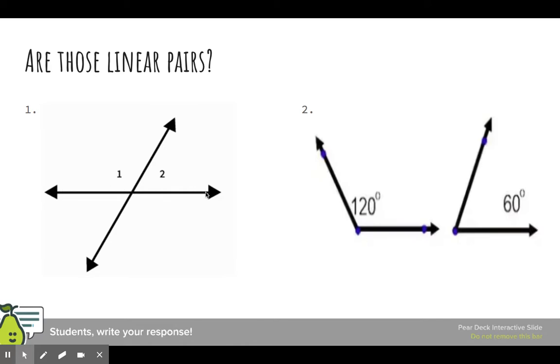So those are going to be linear pairs. What about example 2? So we can see that they are not next to each other. No, they're not sharing any lines. They're separated, right? This angle is separate from this angle here. So therefore, they don't even satisfy the first condition, so they cannot be linear pairs.